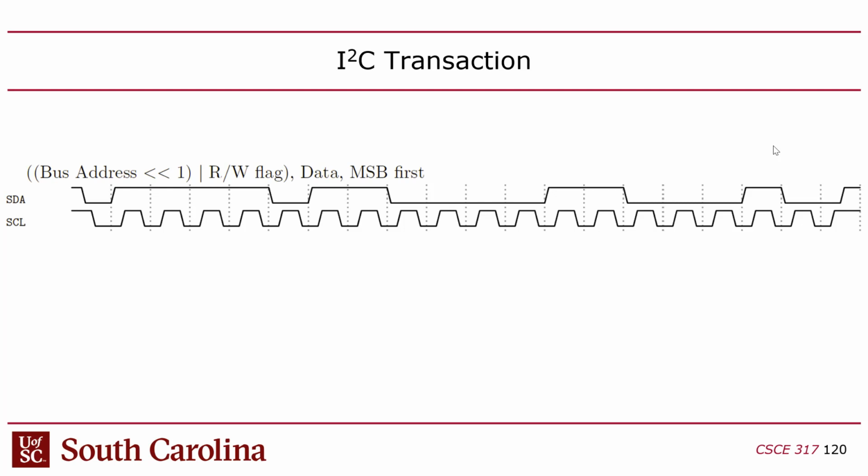It is level sensitive. So instead of the data being sampled on the rising or falling edge of the clock, the data is sampled whenever the clock is high. That means the data signal is not supposed to change when the clock is high, unless some special symbol is being transmitted, like the start or stop.